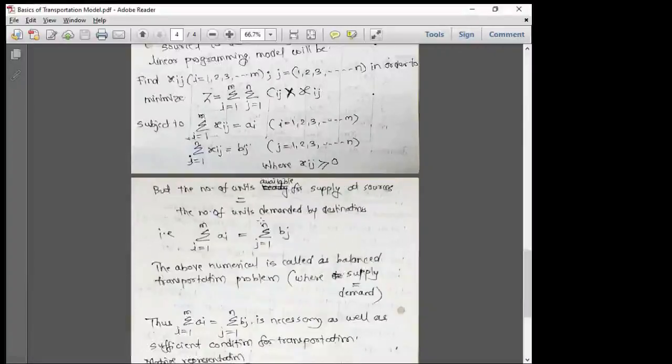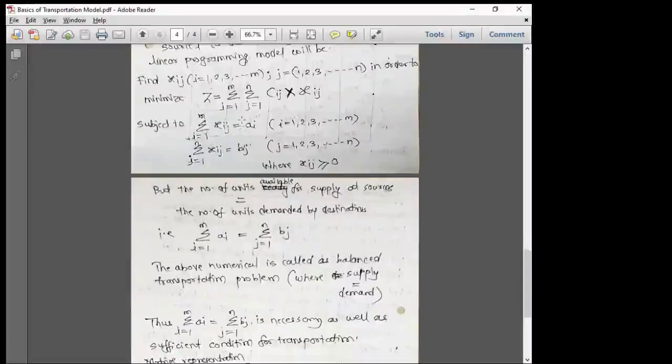So what I have done in this stretch is I have defined the objective function and the constraints. Here was my objective function, which was minimization of the total transportation cost, and here I have the constraints. But we have to understand that the total supplied units are the same.